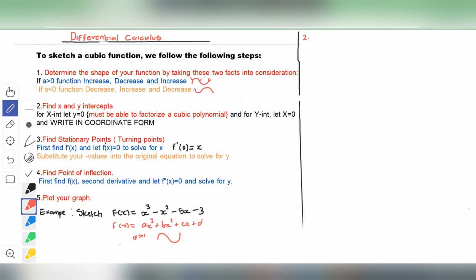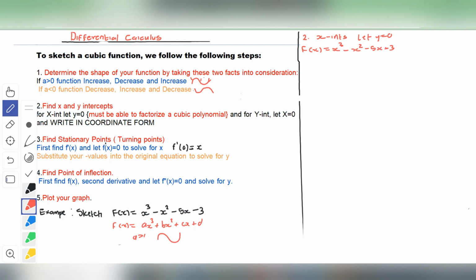So now we are going to find the x and the y intercept, which is the second step. We can start by finding the x-intercept. How do we find the x-intercept? We let y equal to 0, right? The function is given by f of x equals x cubed minus x squared minus 5x minus 3.